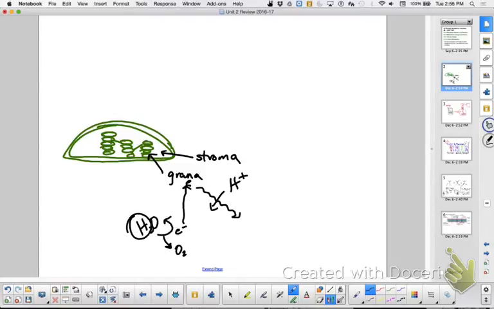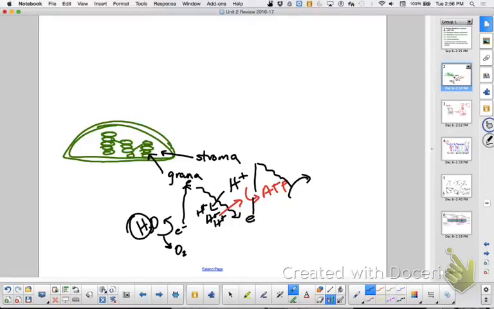By concentrating those hydrogen ions inside, what do they want to do? Get out. Go back out, and we can make some what? ATP, at the ATP synthase complex, because we've established a chemiosmotic gradient.